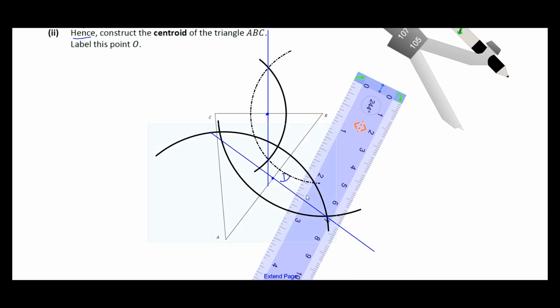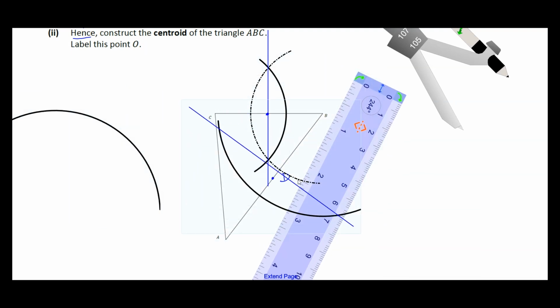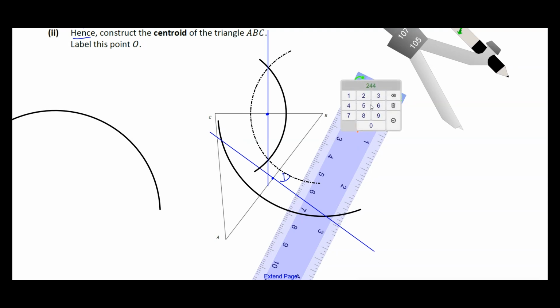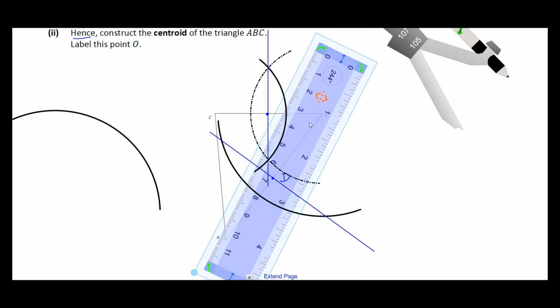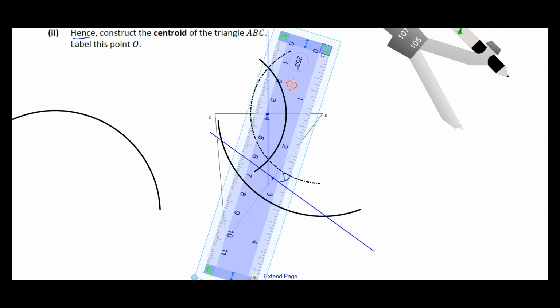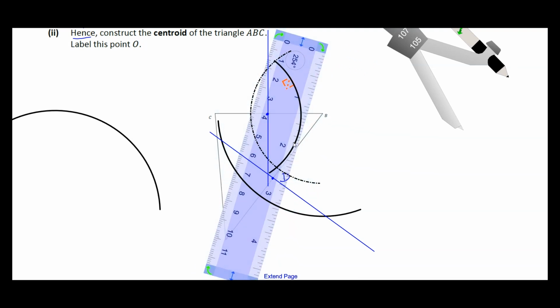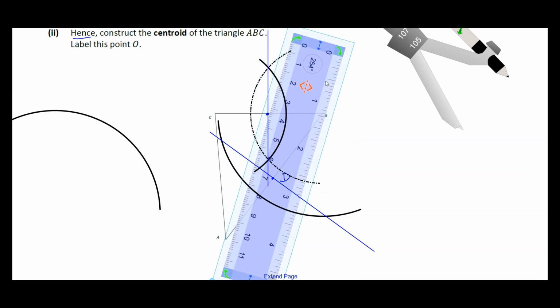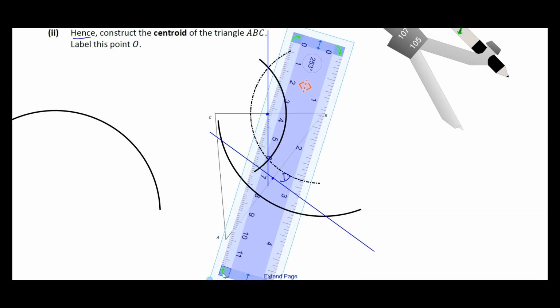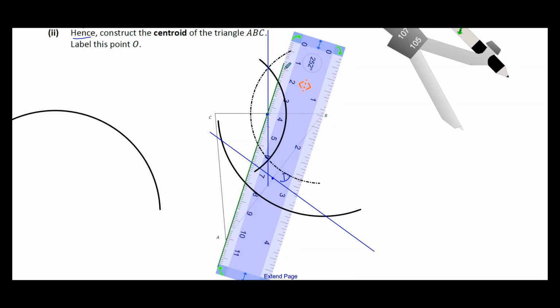We have to make sure we align. Like I'm saying, it will be much easier for you than it is for me. Let's change the color. So that's the green line.